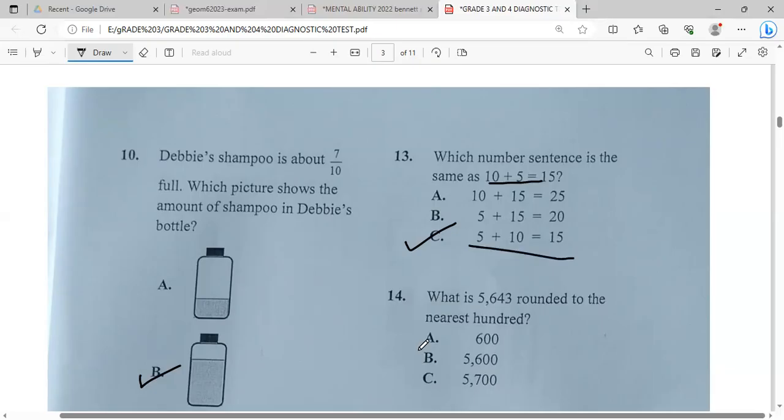14. What is 5,643 rounded to the nearest hundred? So first, we have to underline what they ask, the nearest hundred. So we have 5,643. Now the nearest hundred can either be 5,700 or 5,600. Now this 43 here is critical, right?